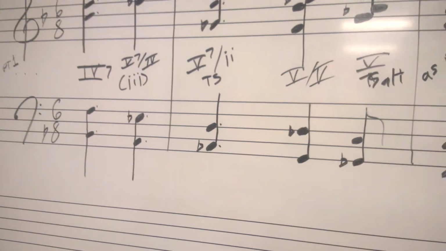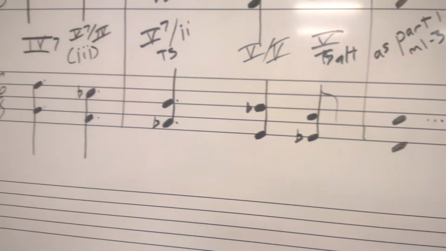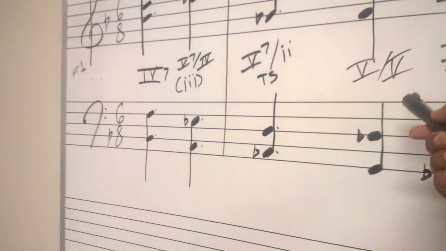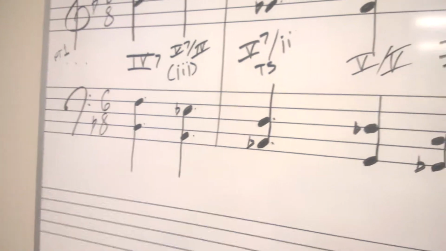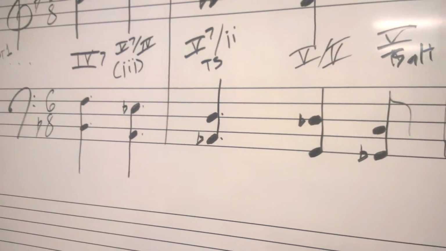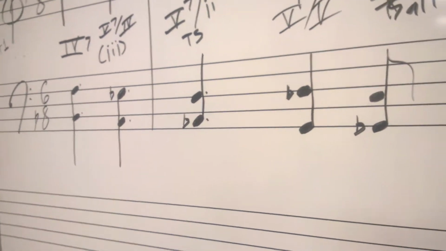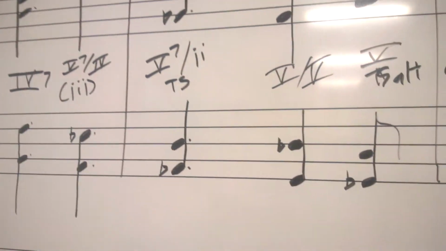There are certain things that you hear when you play that don't really mesh well with written theory. While technically you could say that this is a tritone substitution, in practice and in the voicing that we have here, it's not considered a tritone substitution, even though it could be technically.